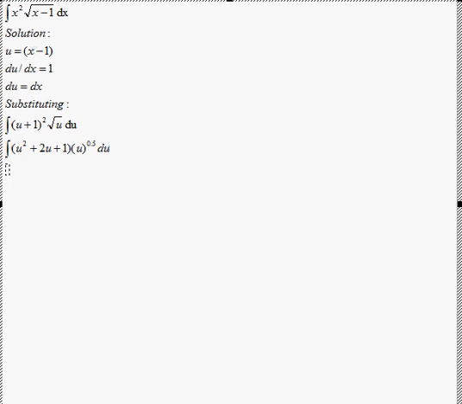Now the next step is to multiply this value by this bracket. So it would be u square into u power 0.5 plus 2u into u power 0.5 plus u power 0.5, and all of it is multiplied by the du operator.